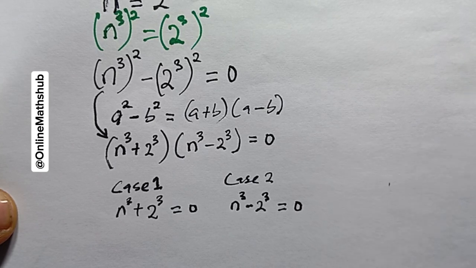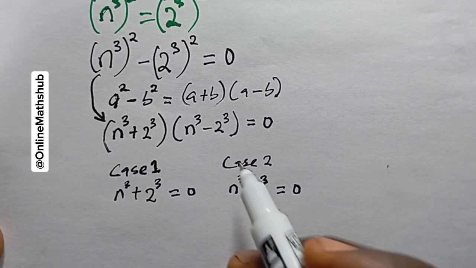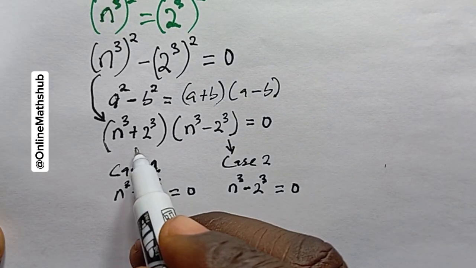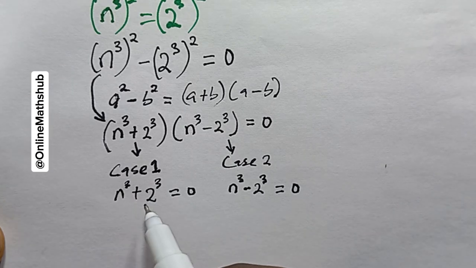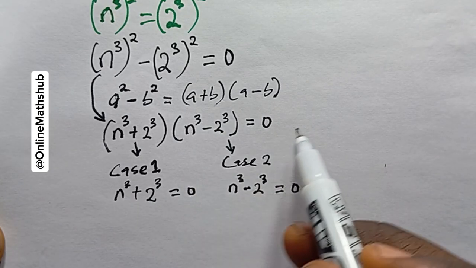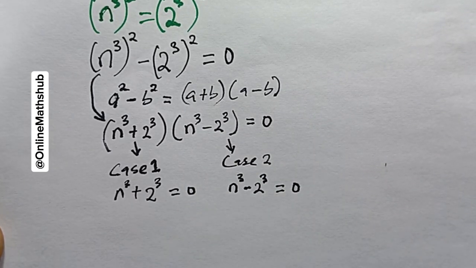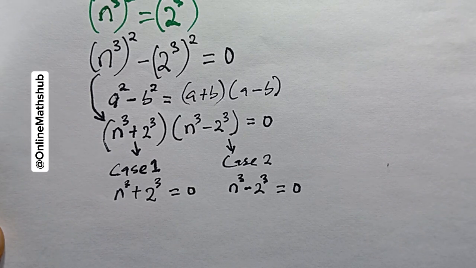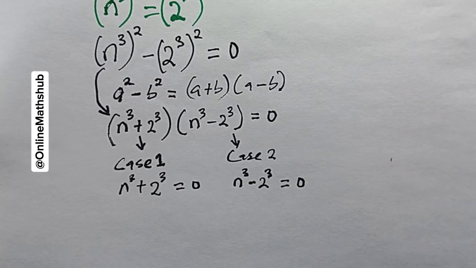This is the case that will satisfy the product: either this term is equal to 0 or the other term is equal to 0. That's when the product is equal to 0. So we're going to be solving these two cases.